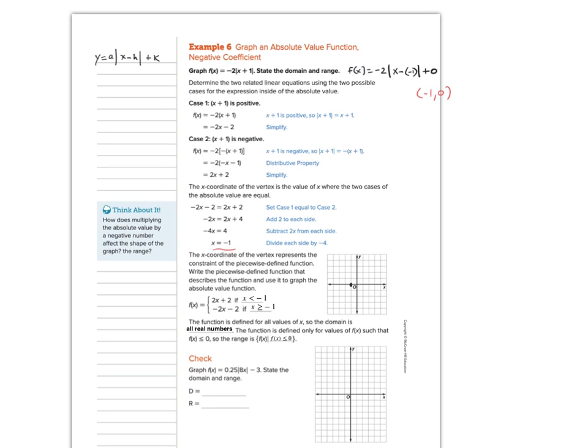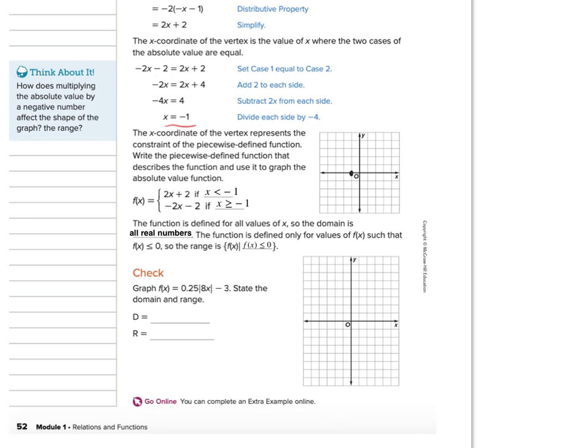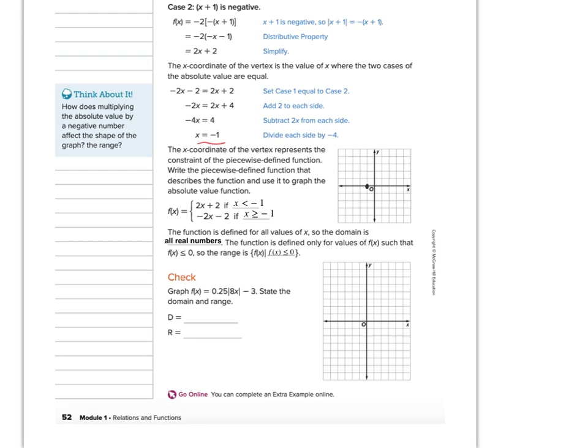Now, also, since this is a -2 on the outside, I know that the function opens downward because that's what the negative did. It flipped it from opening up to opening down. But as we plug in values, we can also just say, okay, I'll take f of -4 and f of positive 4.